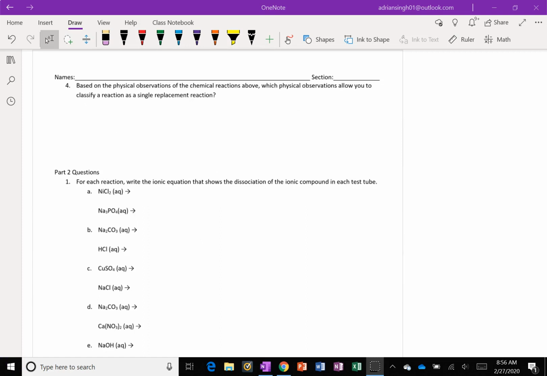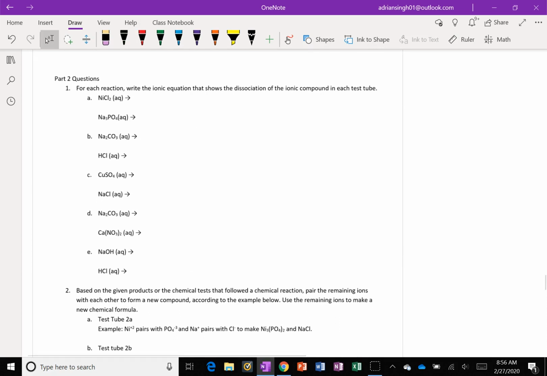All right, and then number 4 just asks you to make some sense of the observations that you made from the single replacement reactions. Part 2, the double replacement reactions, asks you to write the ionic equation for the dissociation, or the breaking apart, of the ionic compounds. So I'll do one of these to remind you of how to do this. All we're doing is breaking it down into its ions.